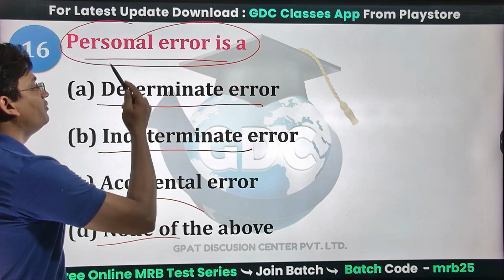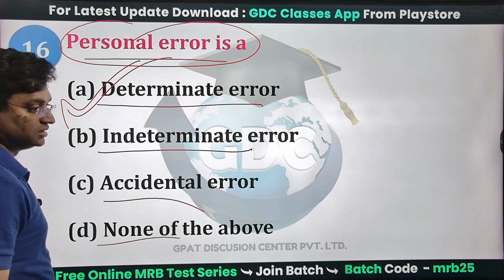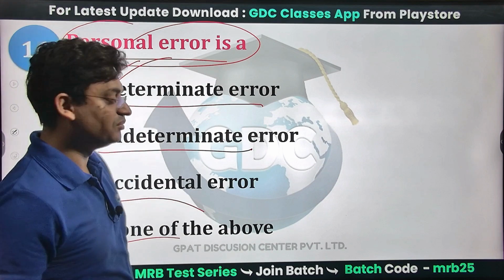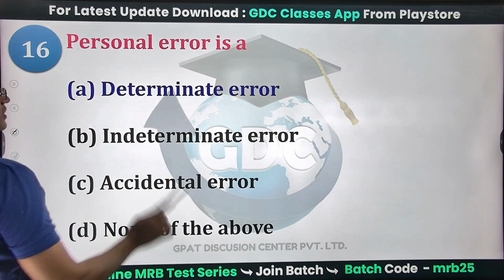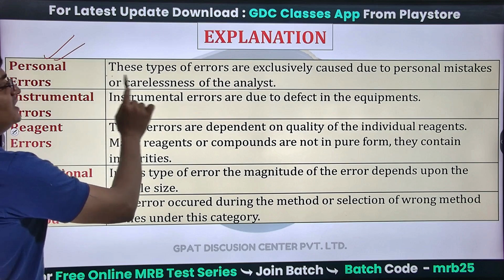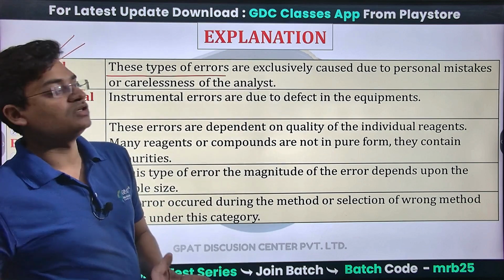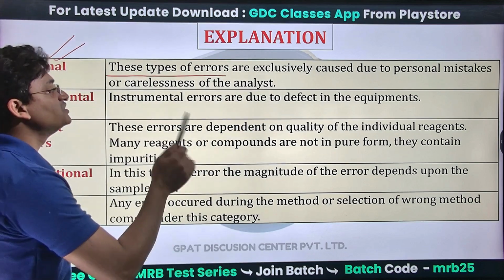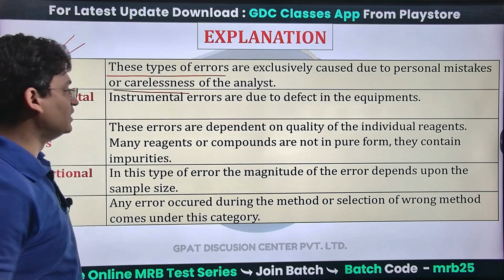So these kinds of errors are also known as determinate errors, and A will be the right answer. Personal errors are exclusively caused by personal mistakes or carelessness of the analyst.